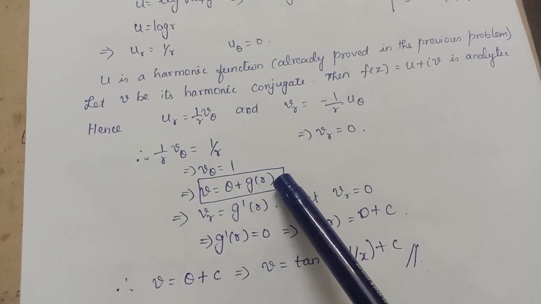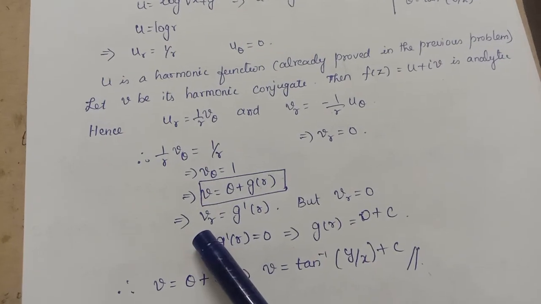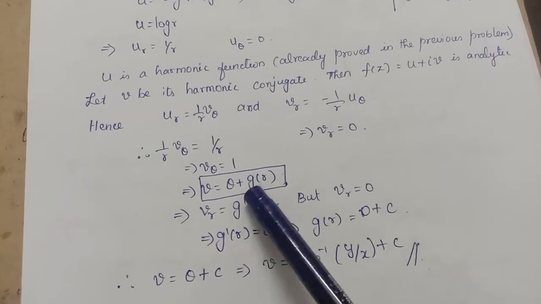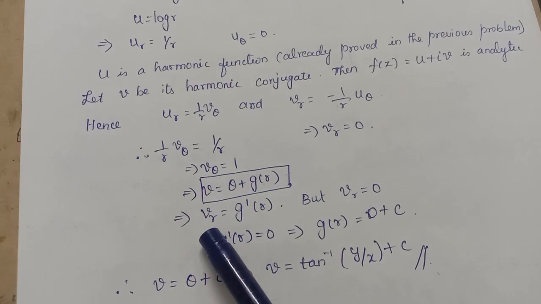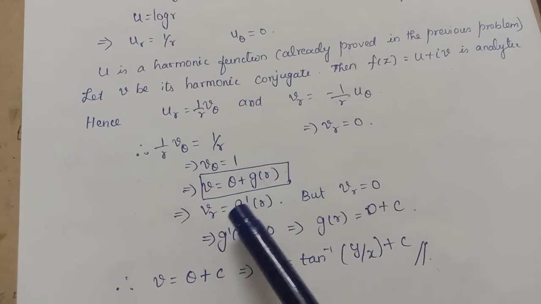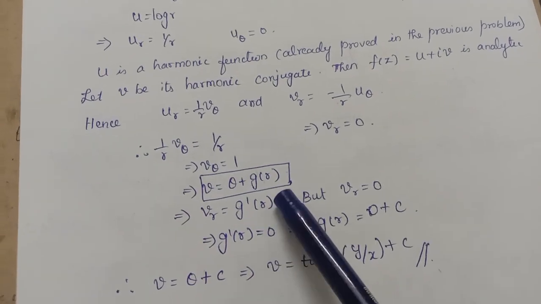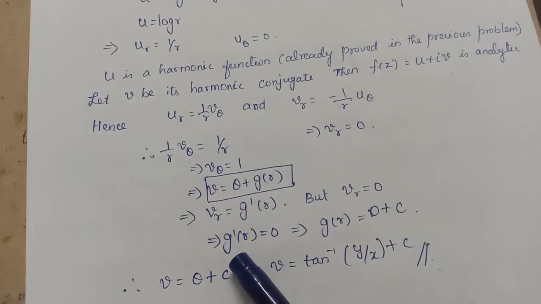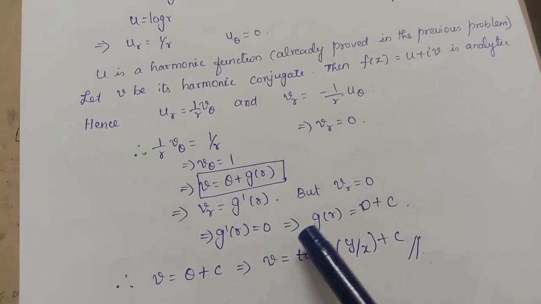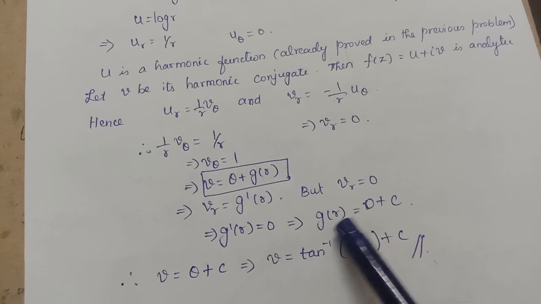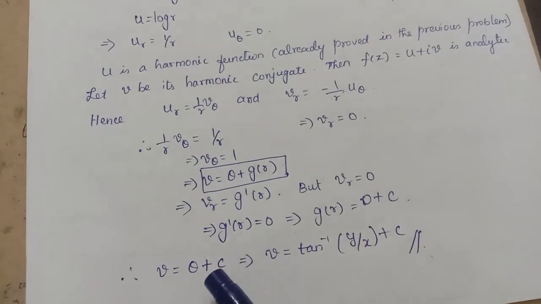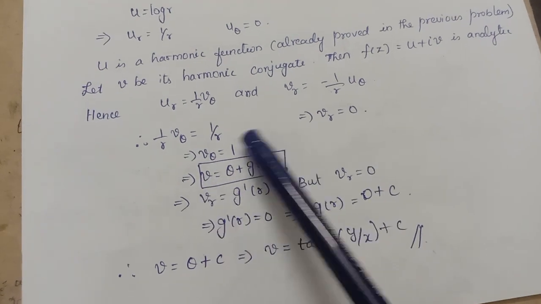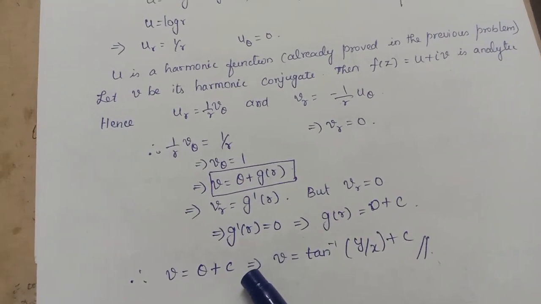For finding this g of r, I am going to find vr and then equate it with this vr. Now differentiate with respect to r. So vr equal to, this theta will become 0, plus g dash of r. Equate with this value. So g dash of r equal to 0, or integrating this, g of r equal to 0 plus constant c. Integrating, g of r is simply c. So what is your v? V equal to theta plus c.